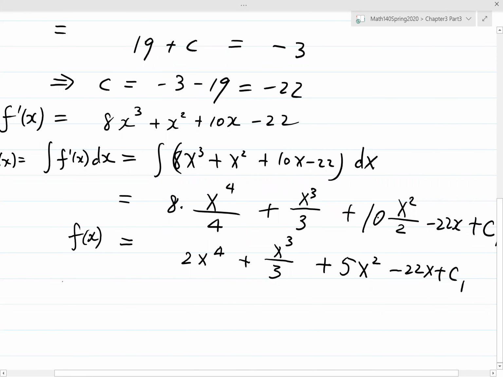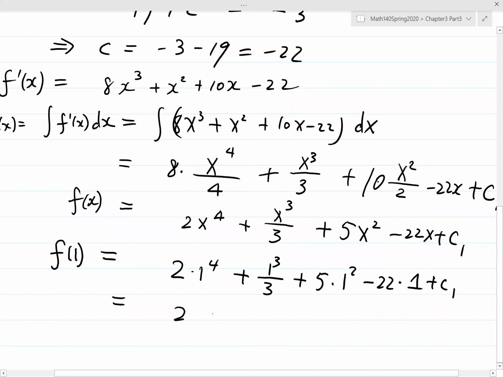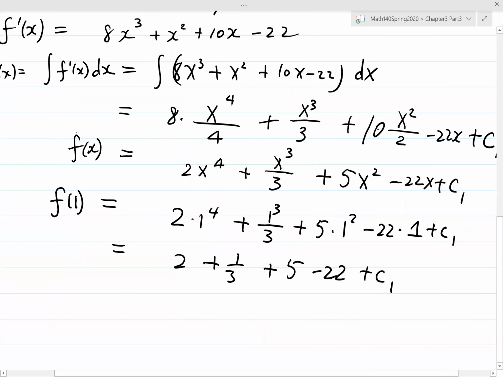Plug in 1: 2 times 1 to the power 4 plus 1 cubed over 3 plus 5 times 1 squared minus 22 times 1 plus c1. This should be 2 plus 1/3 plus 5 minus 22 plus c1. So finally this should be -15 plus 1/3 plus c1.